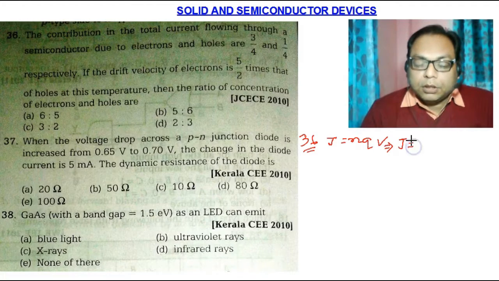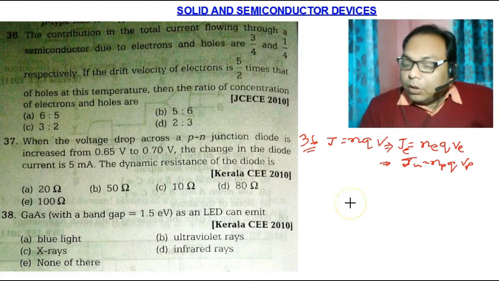for the electrons, we can write J is equal to N_e Q V_e. Now the current density of holes is also equal to N_p Q V_p.